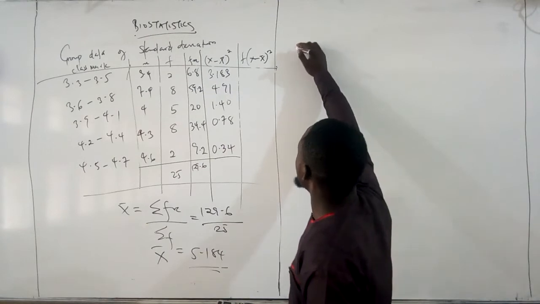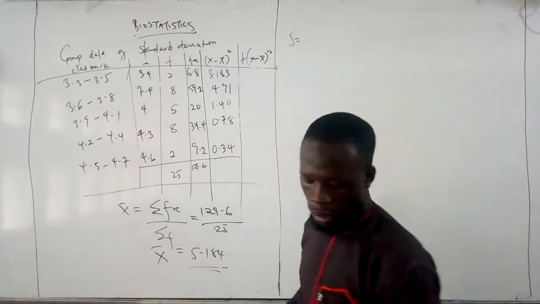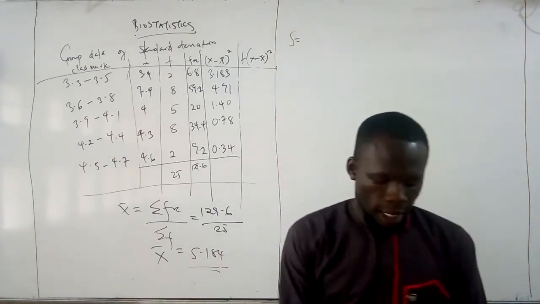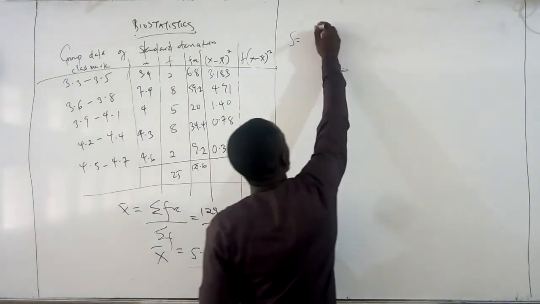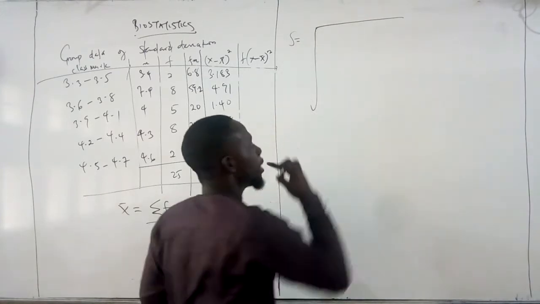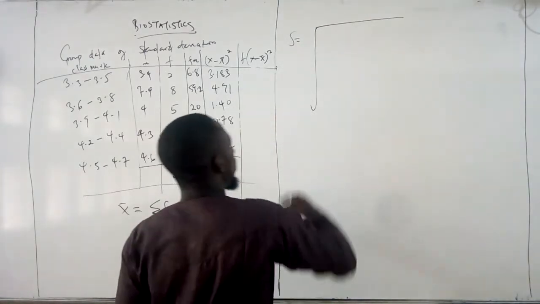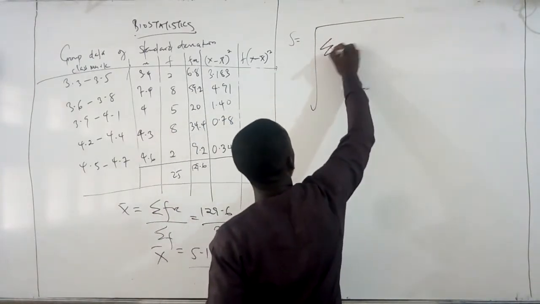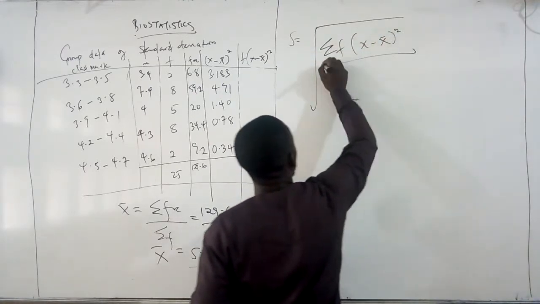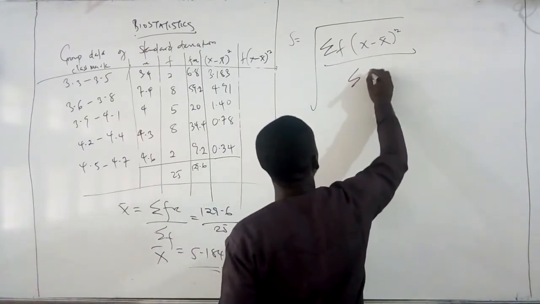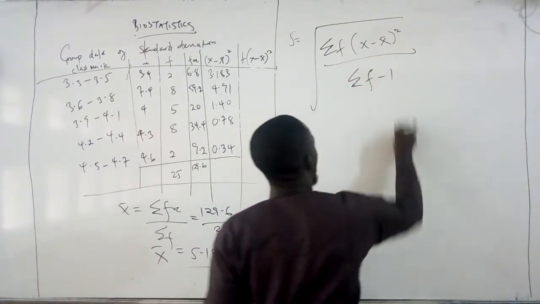Because we are going to see today how we calculate our standard deviation for what? Group data. I told you we'll be talking about the group data today. So that means if we want to calculate the standard deviation for group data now, we are going to have summation of what? F on the bracket of x minus x bar all squared all over summation F minus 1.